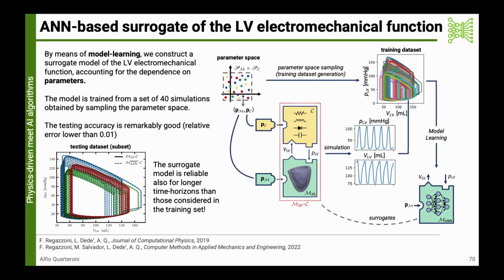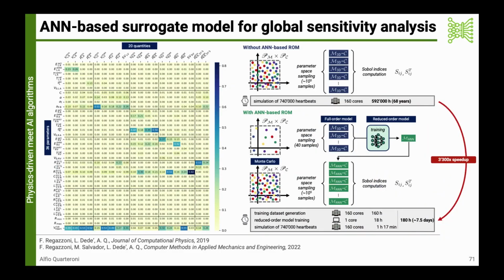We use an artificial neural network as a surrogate to describe the left ventricle electromechanical function. We have an artificial neural network for global sensitivity analysis. This is just an idea. This matrix contains on the rows 36 parameters, the parameters that we're using for this specific simulation.